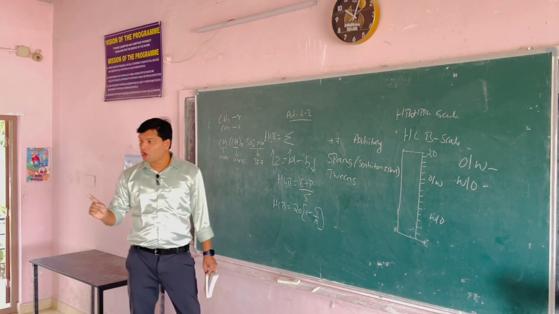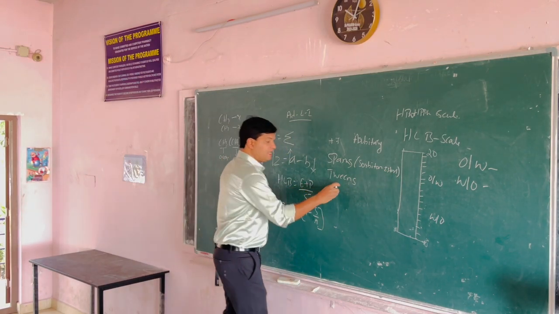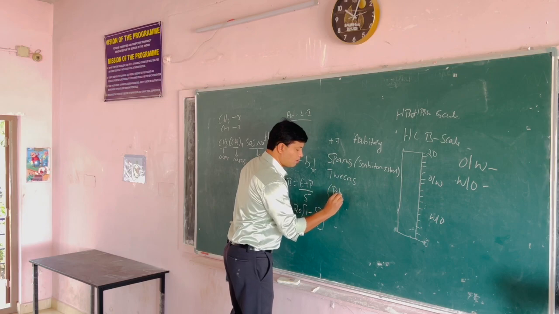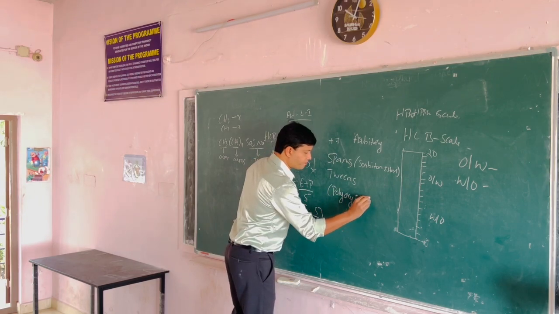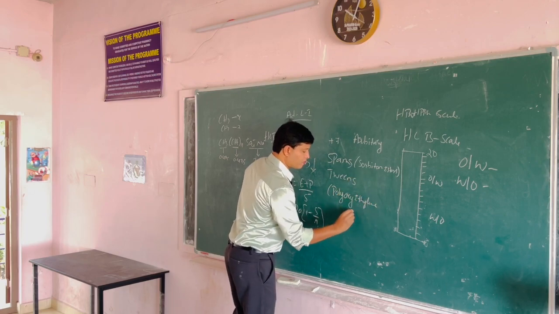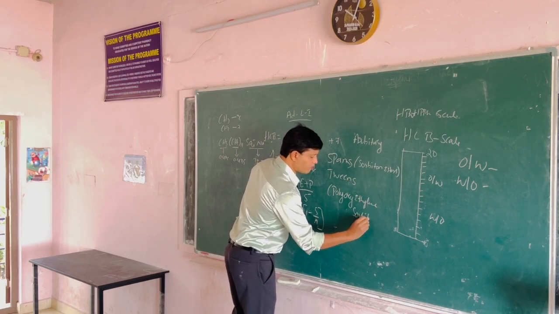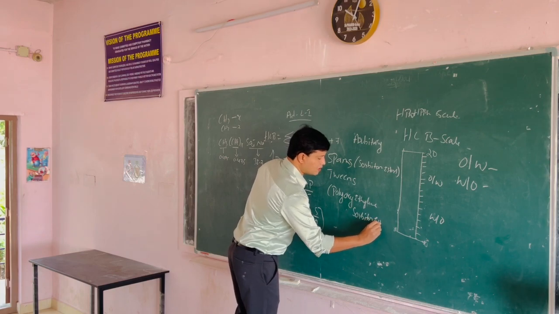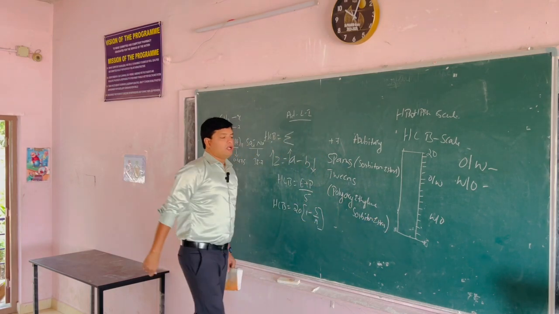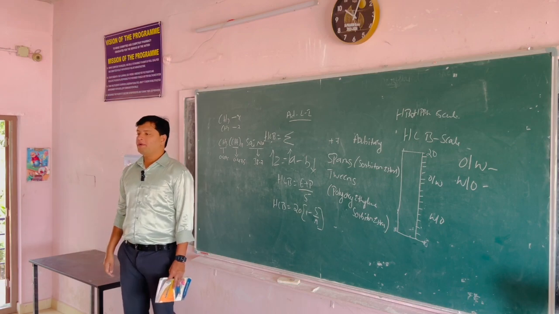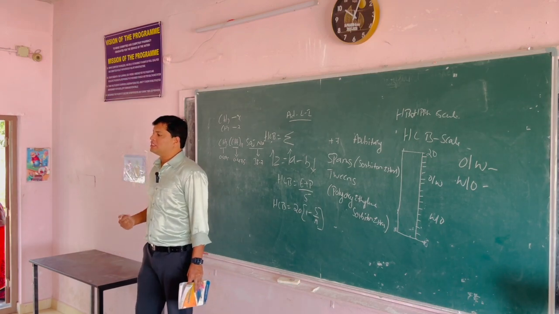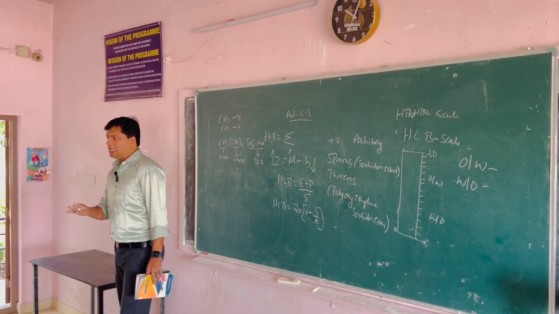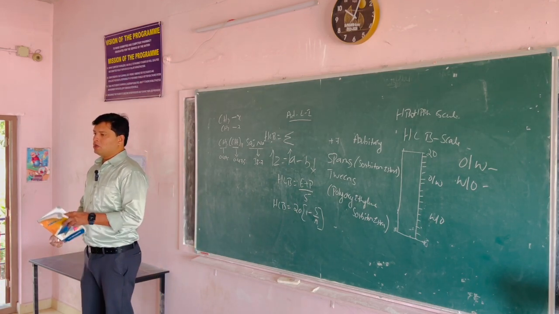Spans are sorbitan esters. Tweens are polyoxyethylene sorbitan esters. Both are sorbitan esters. Tweens have a polyoxyethylene group in them. Spans don't have a polyoxyethylene group in them.